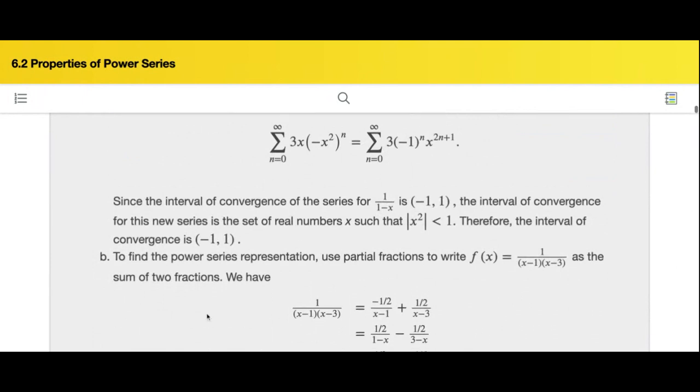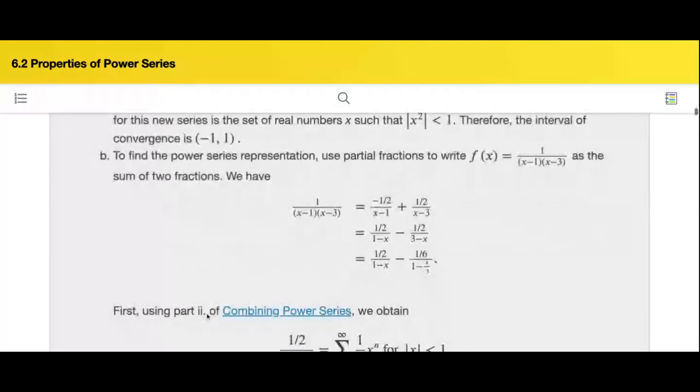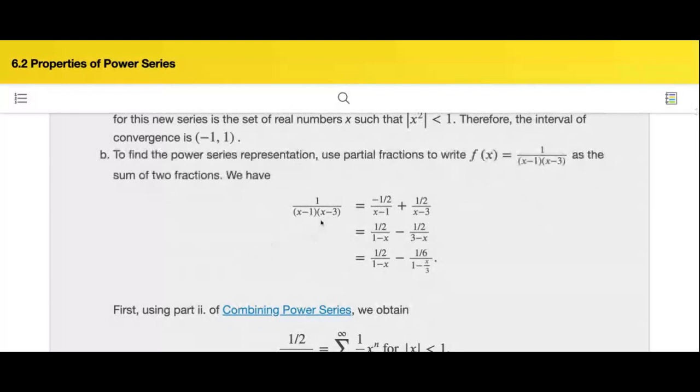Okay, part B. We use partial fractions, right? 1 over (x minus 1) times (x minus 3) can be written as two rational functions with linear denominators. So we do partial fractions, and we get half divided by 1 minus x, minus half over 3 minus x.